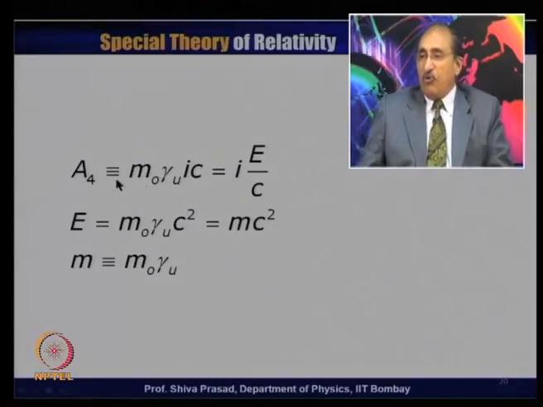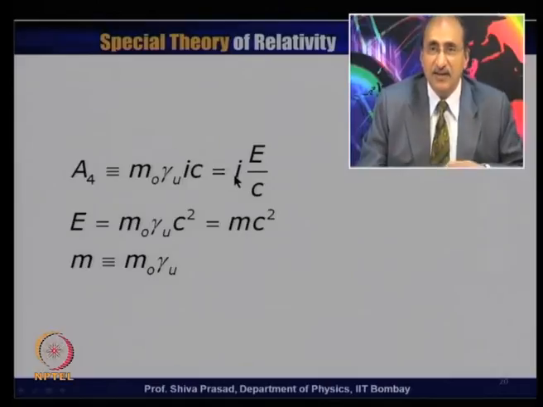So, I write E is equal to mc square, because that will give me the dimension of energy. If I write E is equal to mc square, divided by c, where m of course is defined as m naught gamma u, then I can write the fourth component A4 as iE by c.